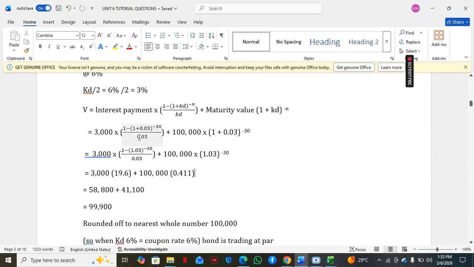So when we do our tabulations with the cost of debt of 3%, our annuity factor is 19.6. Our present value factor is 0.411.